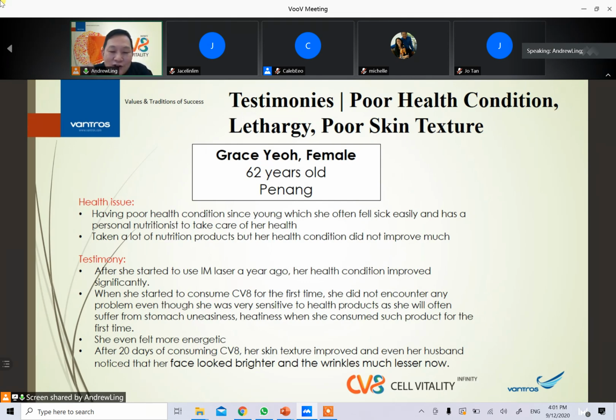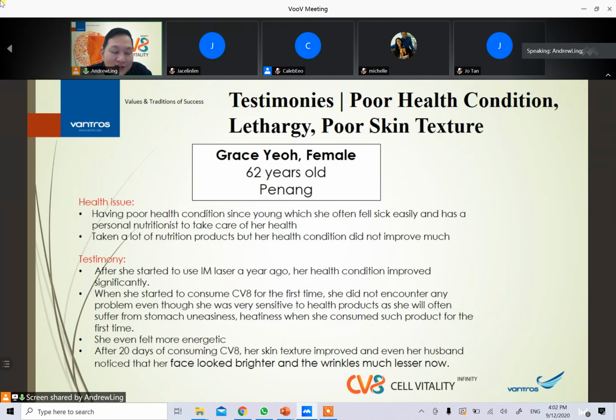When she started to consume this CV8 for the first time, she didn't encounter any problems at all. Previously, because of her weak body, whenever she took a new nutrition product, she would often have uneasiness, heatiness, or sometimes even warming because of her sensitivity to new products. But when she took this CV8, she didn't have any problem at all. After taking it for a certain period of time, she even felt more energetic.